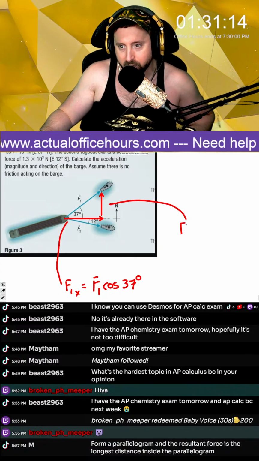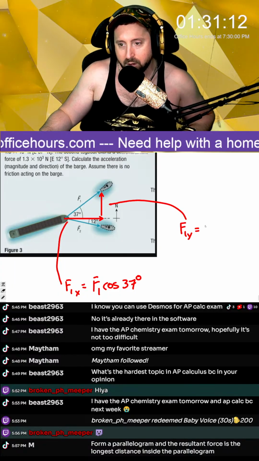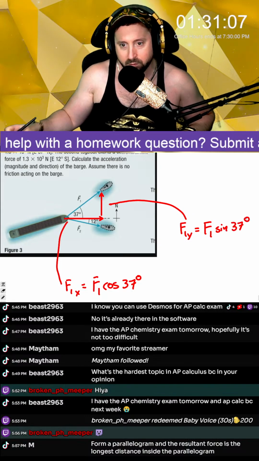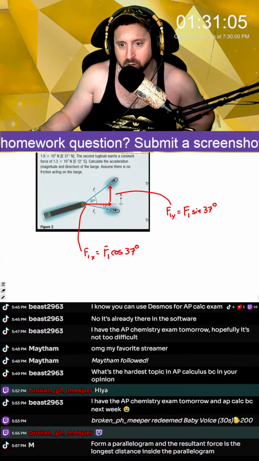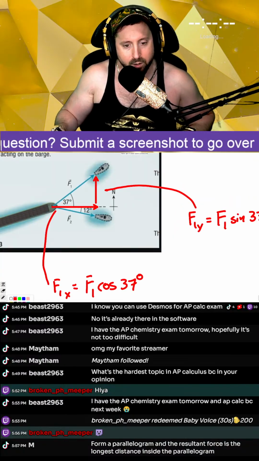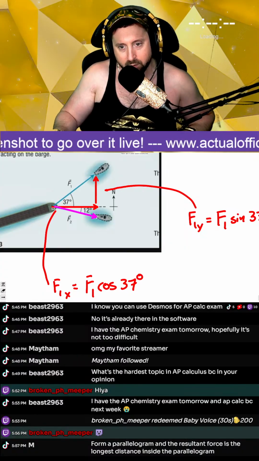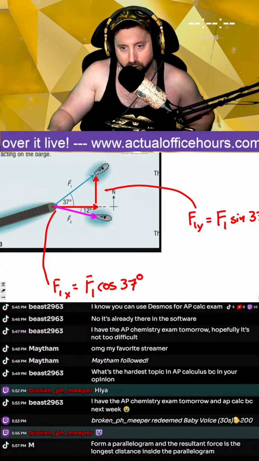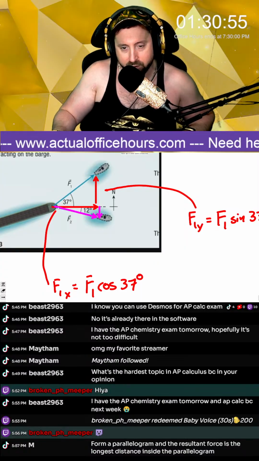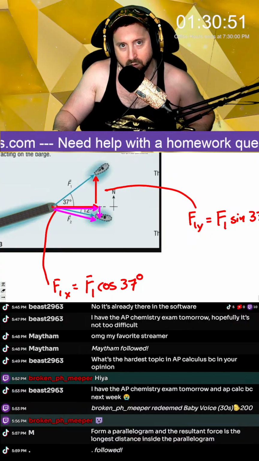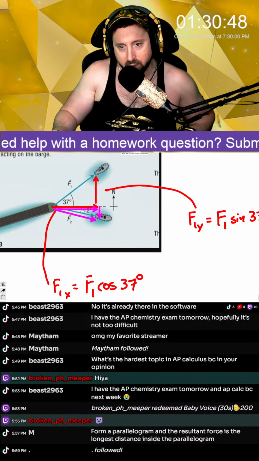And then this one right here is going to be called F1y, and this is going to be equal to F1 sine of 37 degrees. Cool. And then we're going to convert this one over here to component forces. It has an up-down and a left-rightness to it. Like that. I can't really draw things today.